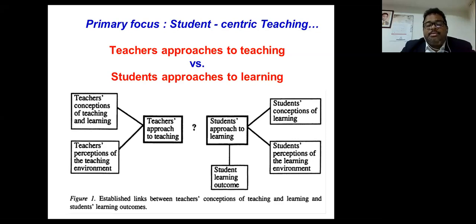Question mark, I am coming to that. Now on the right-hand side, you see the student's approach to learning: students' conceptions of learning, students' perceptions of the learning environment, and students' learning outcome. So these three things are the students' approach to learning. The question mark asks what the percentage of matching is.